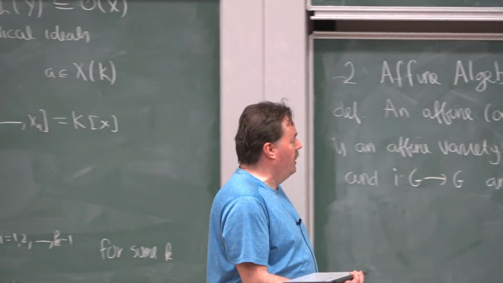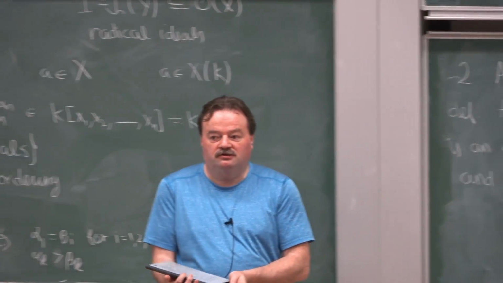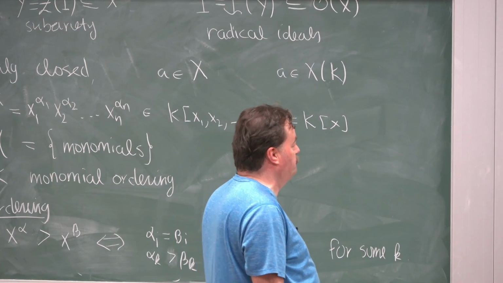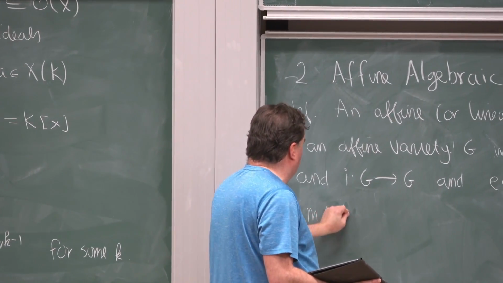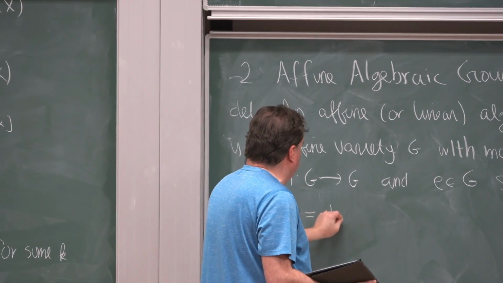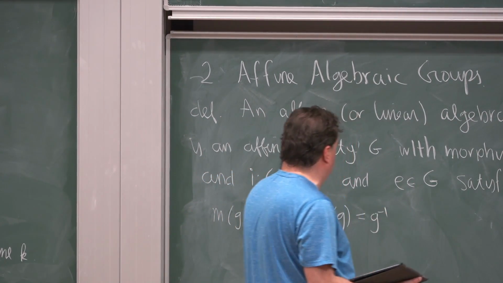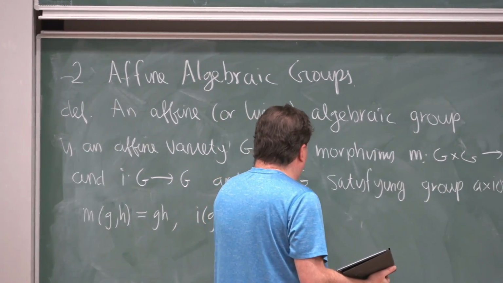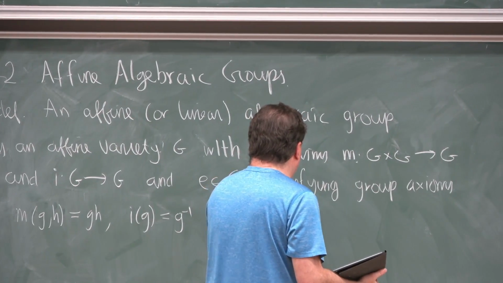So M is the multiplication and I is the inverse function. Now, if you're working over an algebraically closed field, then M is just multiplication, and I is just the inverse, for g, h in G.